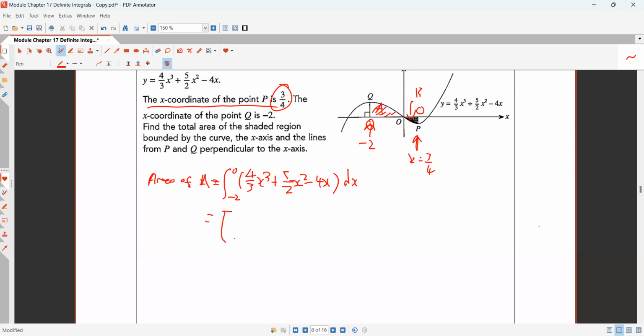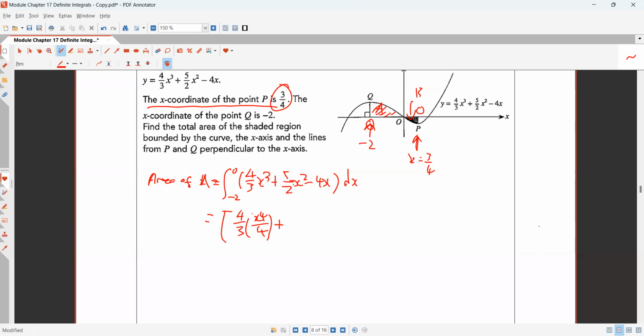Okay, Haran, can you integrate for me? 4/3 x cubed. We do it slowly. 4/3 times x to the power 4 over 4, right? So the 4 will cancel, and it becomes x to the power 4/3. Plus the second one.